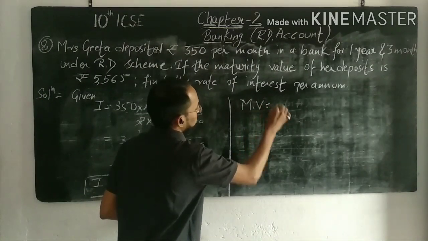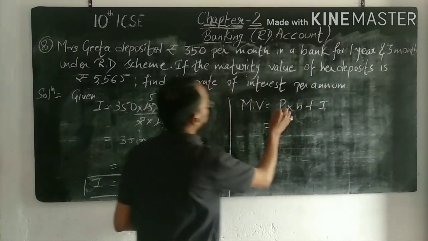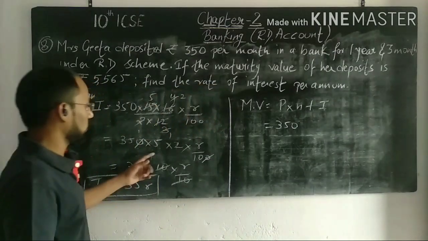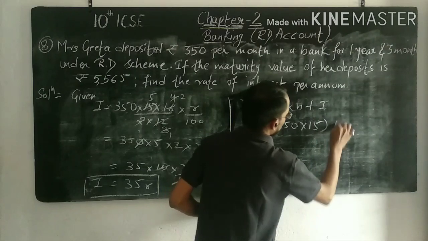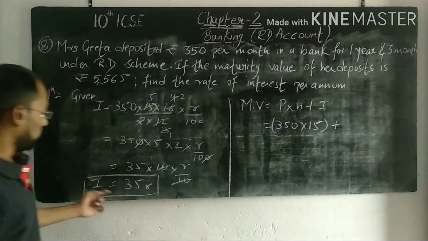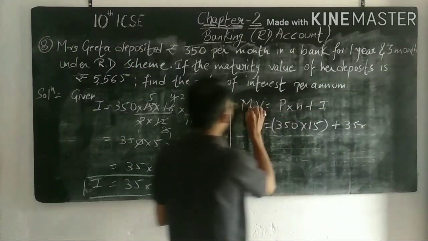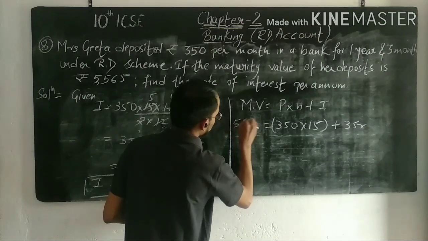MV equals P into n plus I. We know the value of P is 350, which is given in the question, and the value of n is 15. We multiply this, and then we add the value of I, which is 35R, and the value of MV, which is maturity value, is 5565.